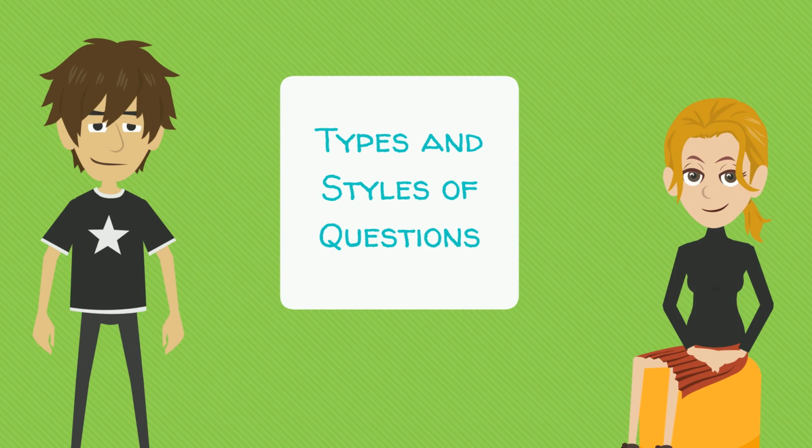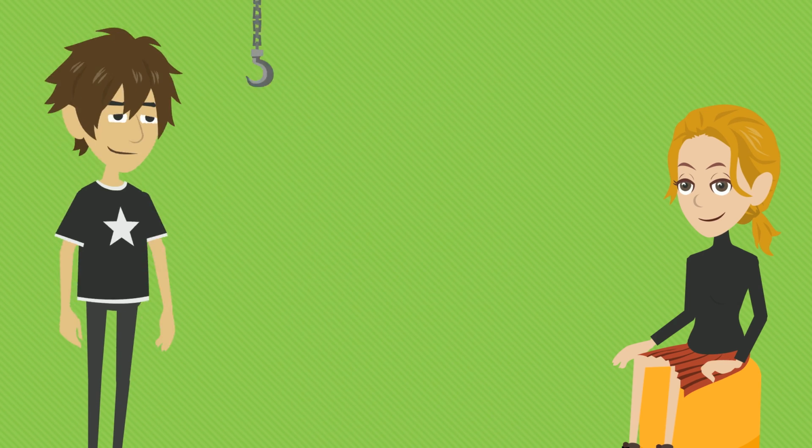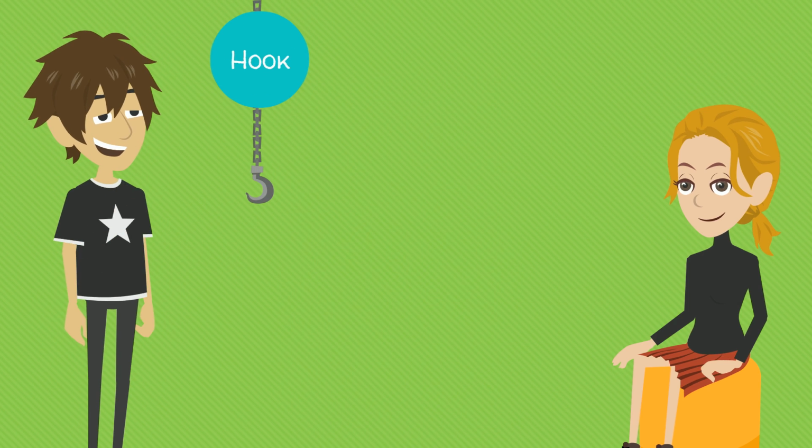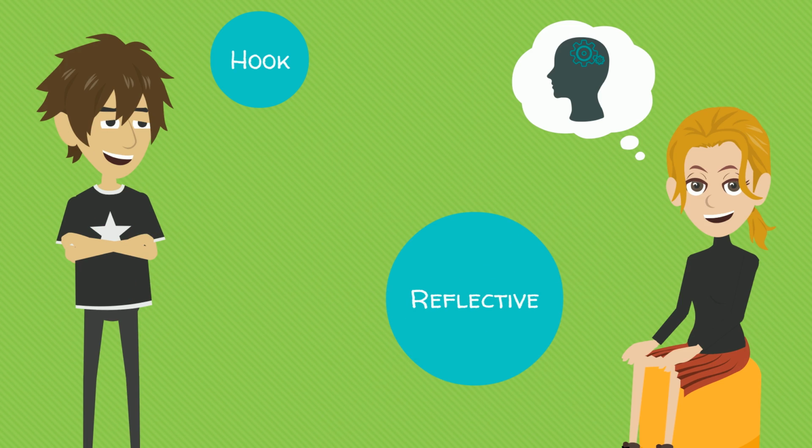There are many types and styles of questions, each with a different purpose, so it is important to be intentional about when you should use different types of questions. A hook question is intended to be motivating and engaging, while a reflective question is used to support metacognitive thinking.